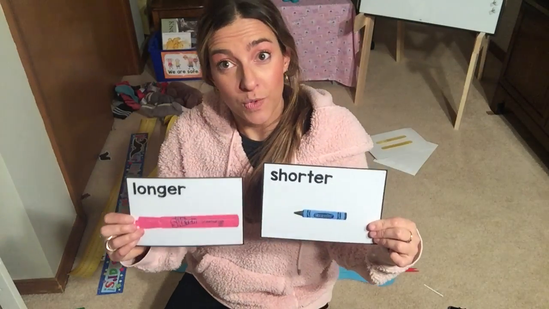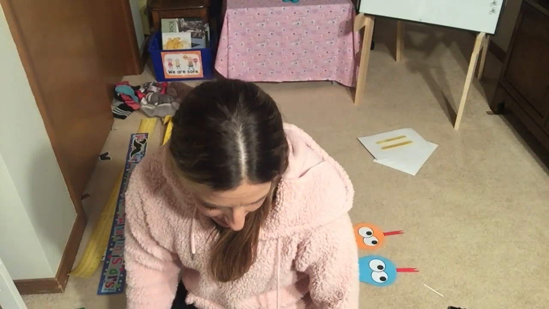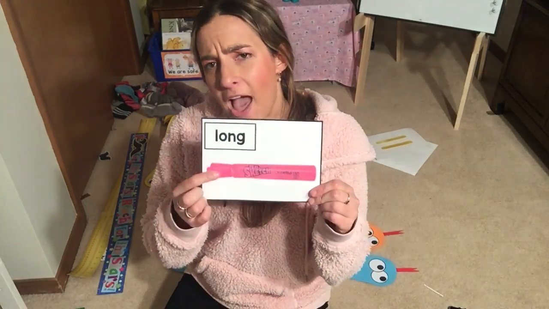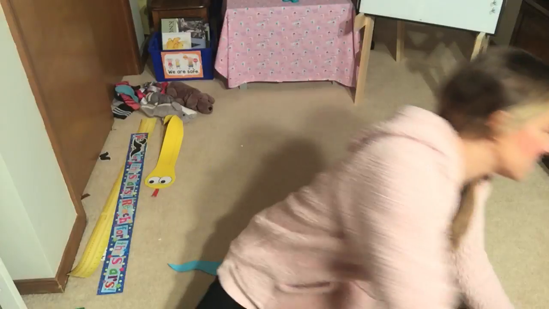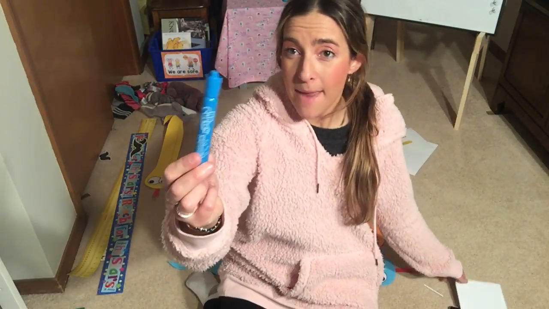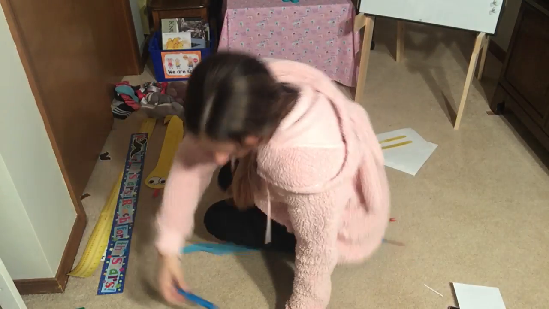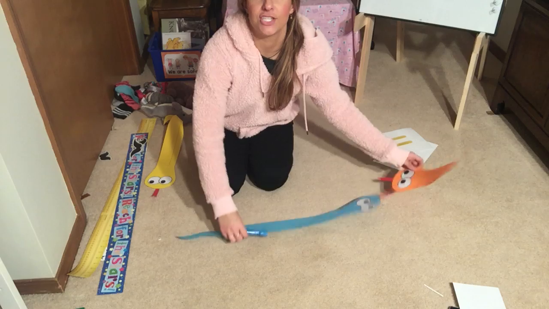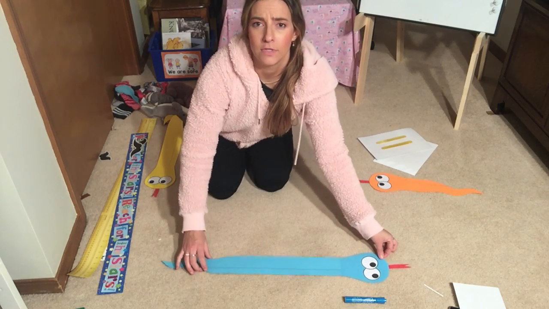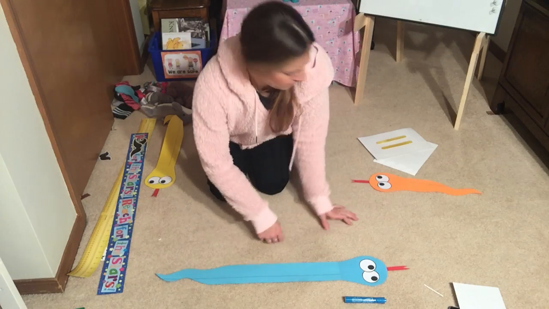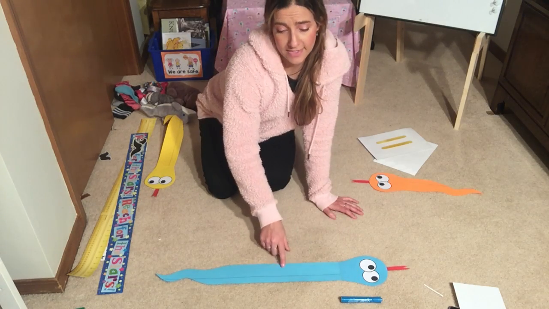These ones I think we probably use very much. Here's a smelly marker. If I put this blue marker next to Bluey the snake, well, this marker is not longer than Bluey the snake.